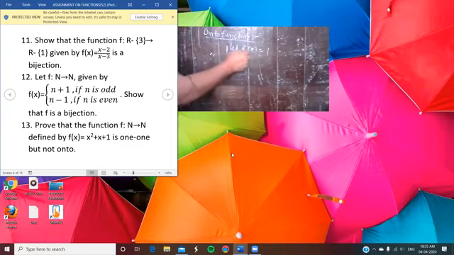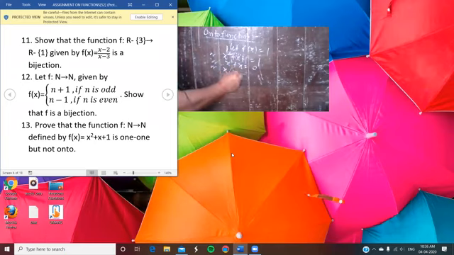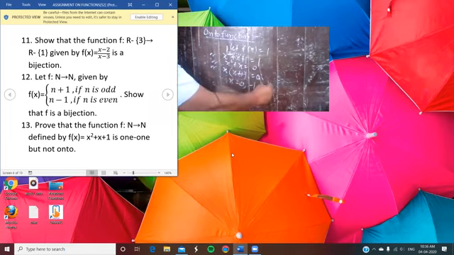So if you put the value of f(x), write x square plus x plus 1 is equal to 1. So 1 and 1 cancel out, and you have x square plus x is equal to 0. If you take x common, you have x times x plus 1 is equal to 0. Finally, you have x is equal to 0 and minus 1, and that will not belong to natural numbers.